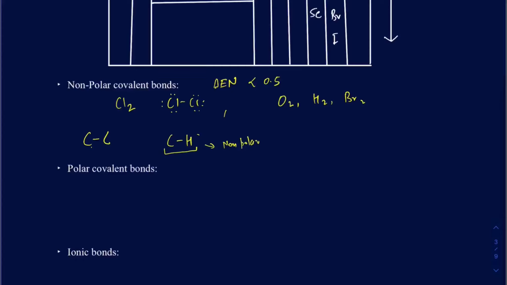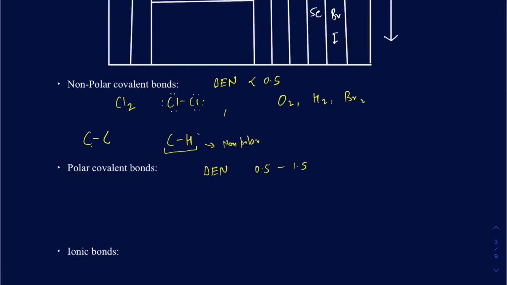When you talk about polar covalent bonds, your electronegativity difference in terms of numbers stays between 0.5 and 1.5. Again, these numbers are rough ranges and they could change depending on other factors. For the sake of keeping things simple in organic chemistry, any other bond you see is going to be considered polar.